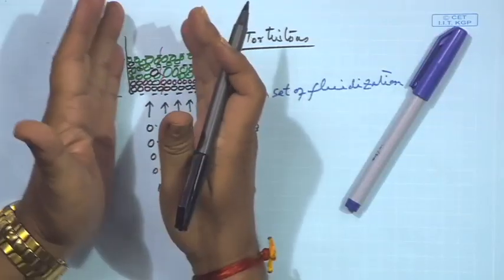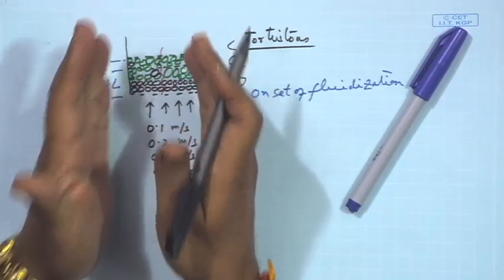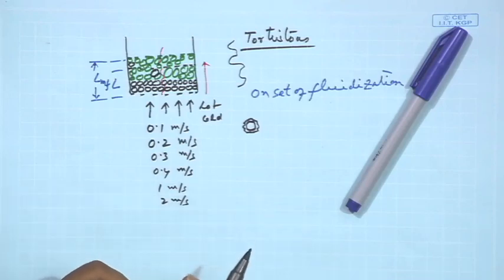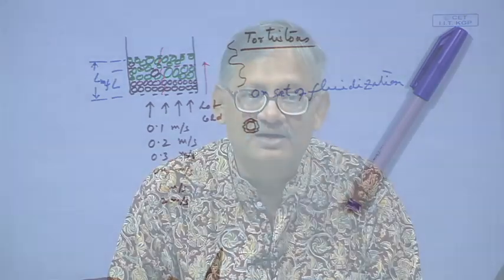This is not for a typical one particle, this is for the entire set of the particles which are here. So, all the particles are now exposed to the environment of that gas, either hot or cold, whatever you are doing. So, this improves your heat transfer drastically.